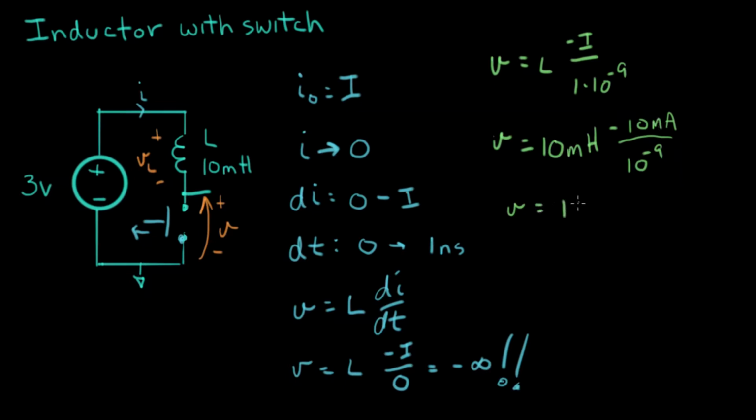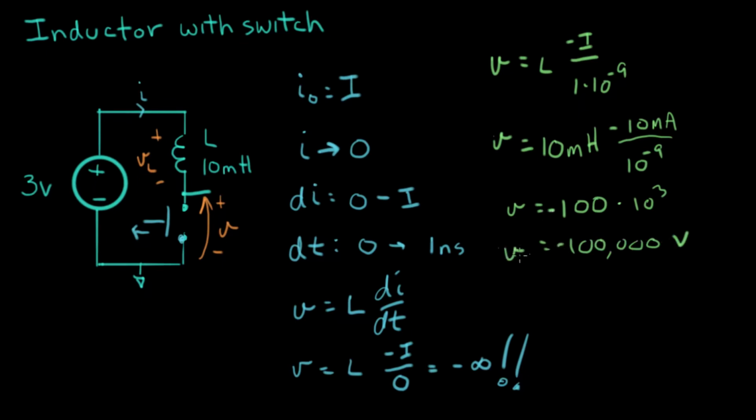So it's going to be 100 times 10 to the minus 6 over 10 to the minus 9, which is 10 to the third. And there's a minus sign here.